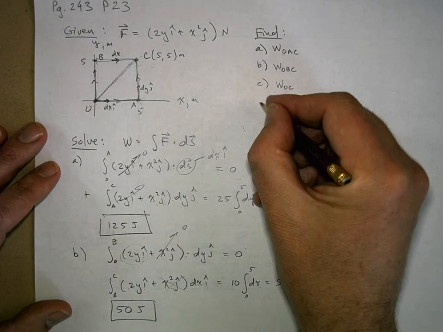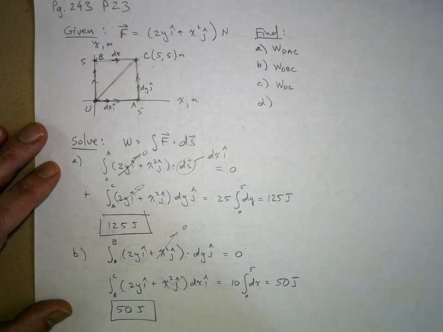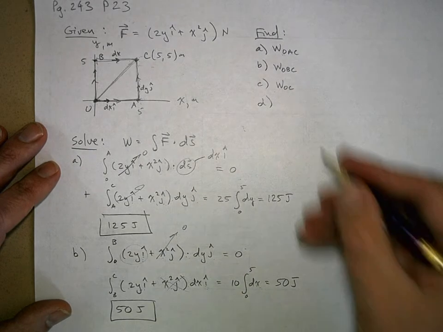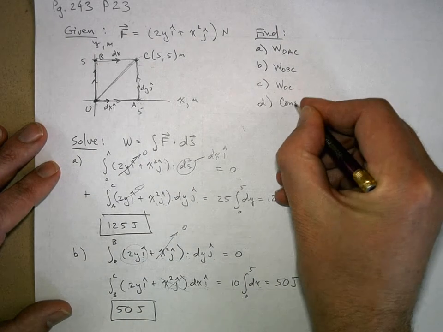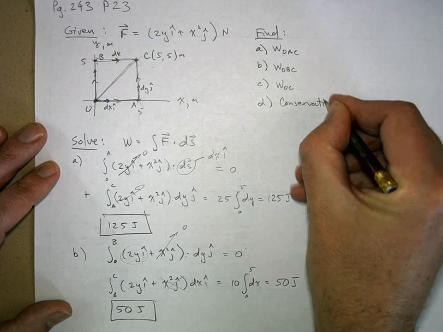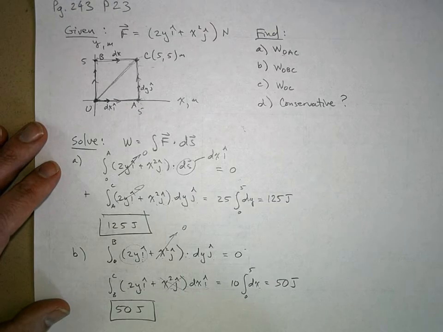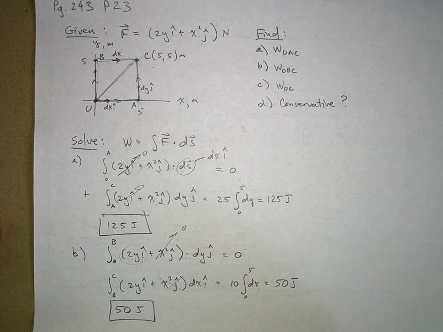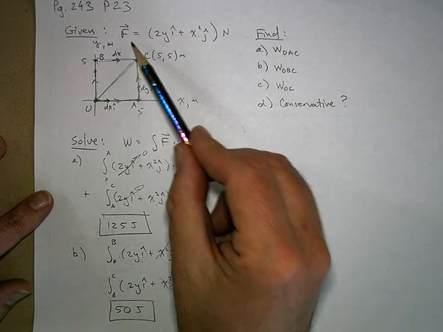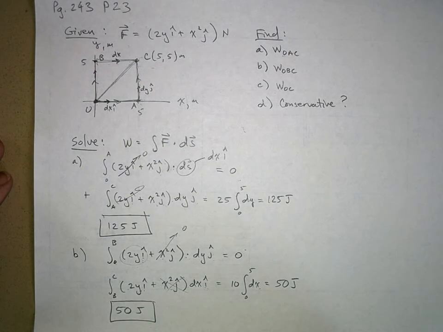Now I can already answer, I forgot about part D up here. What was part D? Is this force conservative? I can tell just after doing A and B, the answer to D is no, it's not. Because what would have to be true if force F here was a conservative force?